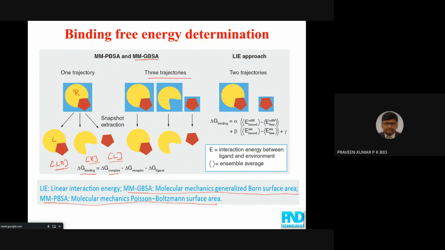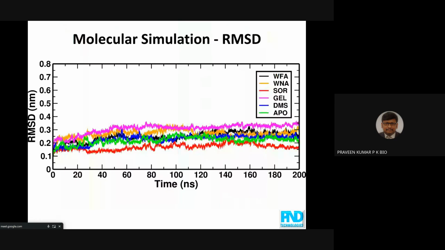But if you need two trajectories, one is the ligand-receptor complex and the other is the ligand alone, that's what we call two trajectories. Here we have to use the linear interaction energy approach. So the energy can be determined through three different approaches: one trajectory, three trajectory, and two trajectory.